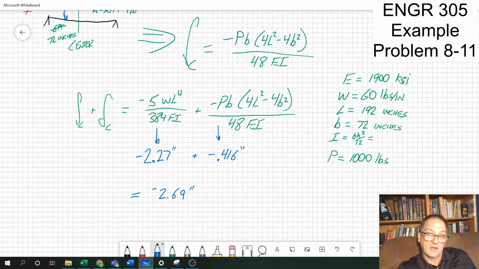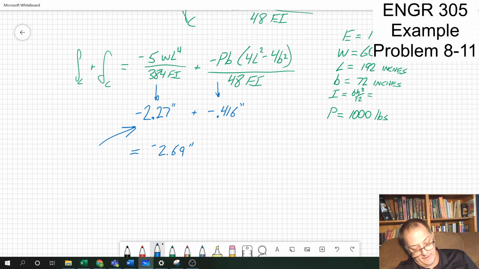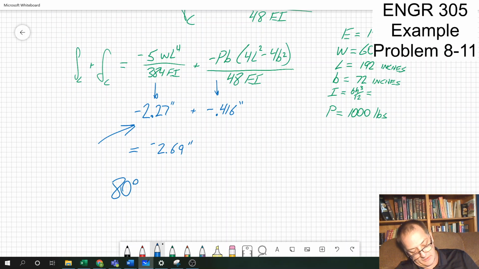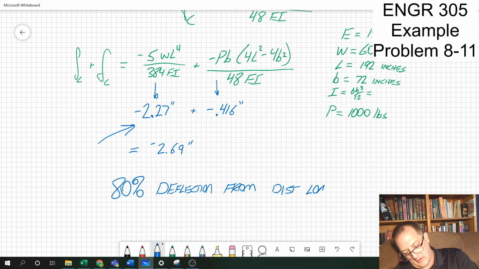Now, I always want you to think about answers, right? And I know I don't do this every time, but I really do want you to think about answers. This answer is, I'll say it this way, 80% of my deflection comes from the distributed load. Does that make sense? Well, let's think about this.